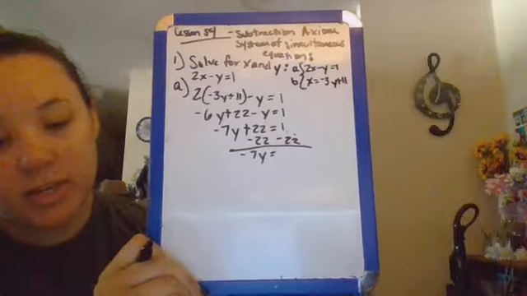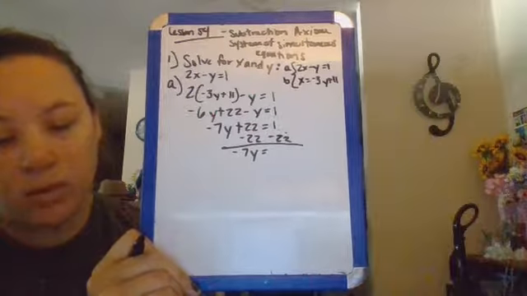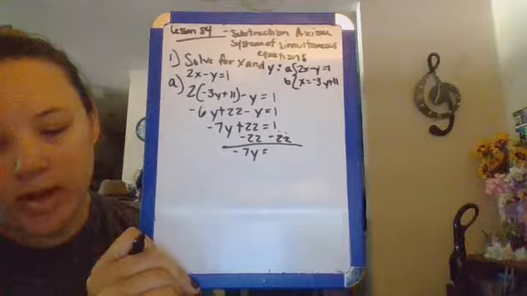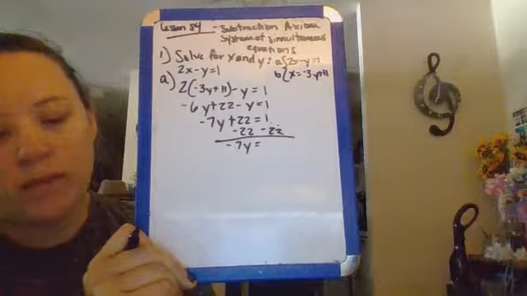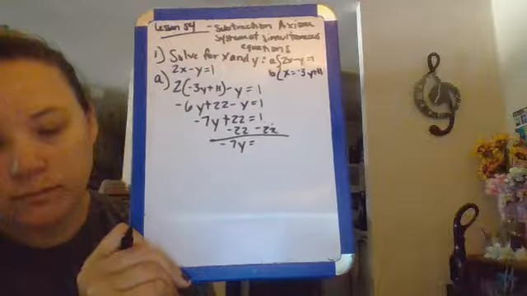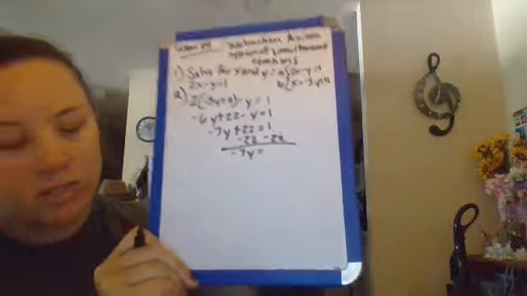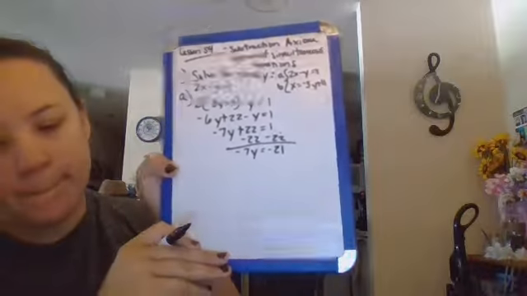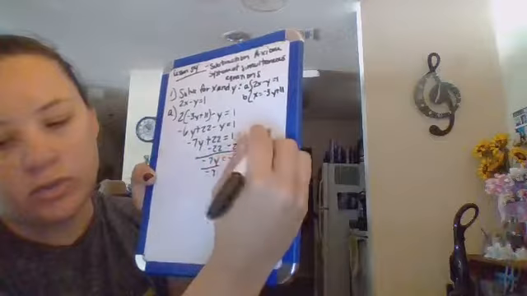So then I did 2 times negative 3y plus 11 minus y equals 1. Goes down to negative 6y plus 22 minus y equals 1. Took my 6y from my 7y to give me negative 7y plus 22 equals 1. And then when I subtract that out, I have negative 7y equals negative 21. And then divide both by negative 7. So y equals 3.